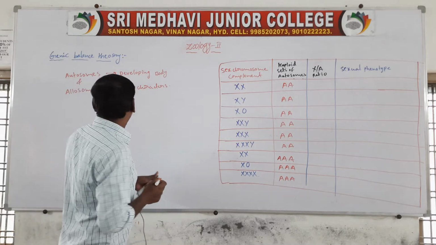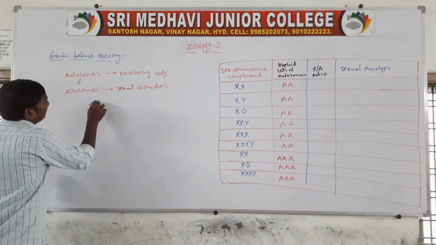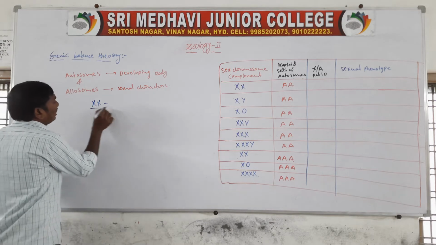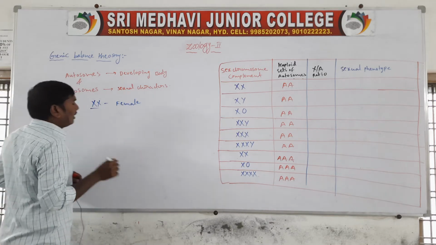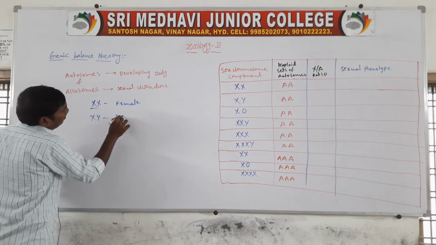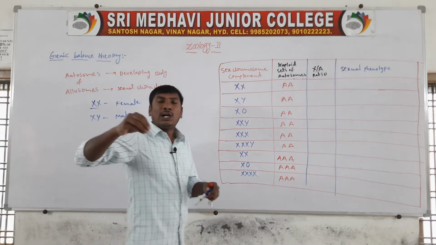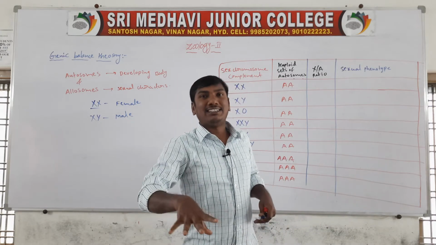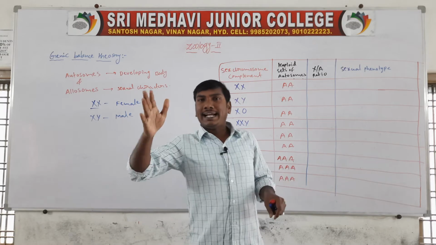The allosomes contain two types. The 23rd pair of chromosomes, XX, is called female. The 23rd pair, XY, is called male. So based on the chromosomal theory of sex determination, every individual contains autosomes and allosomes.